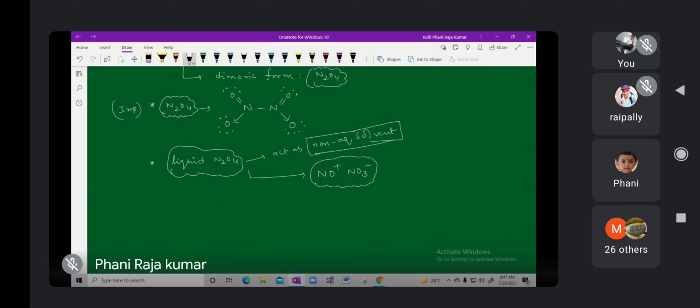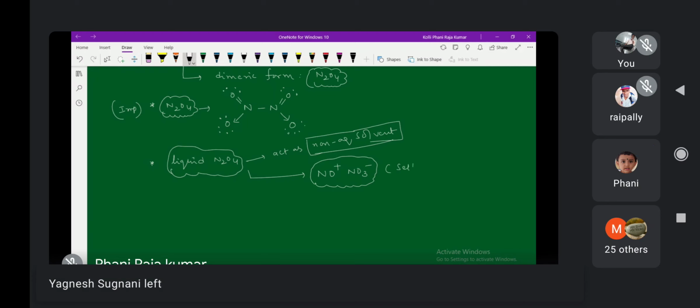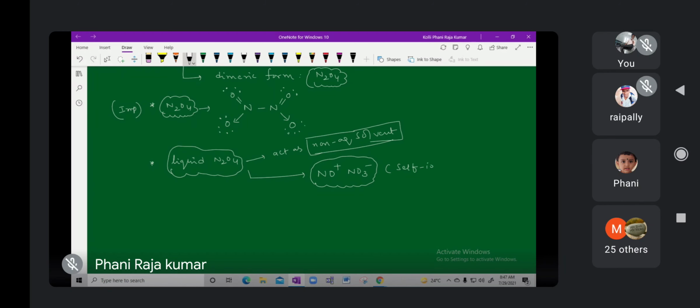What is the proof of this ionic form of N2O4? This is called self-ionization. N2O4 self-ionizes to NO plus and NO3 minus.